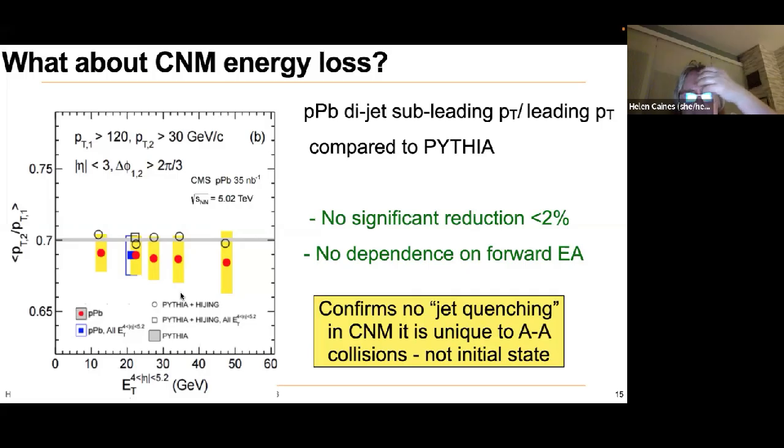Also, I'm not a big quarkonia expert, but I think the effects are stronger when one looks in the forward and backward regions, when you're really making the c-cbar pass through the spectator part of the nucleus. Whereas these are more focused at mid rapidity, where the spectator part of the non-interacting nucleus is going down the beam pipe. So I think that's part of the difference between the suppressions of the J/psi or other quarkonia and what's being shown here for the jets.